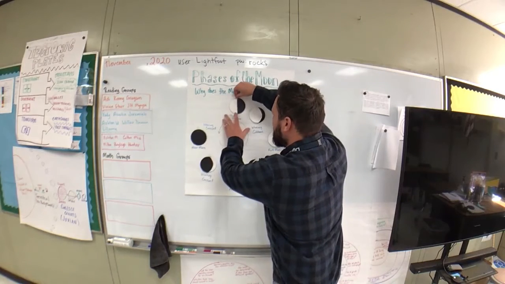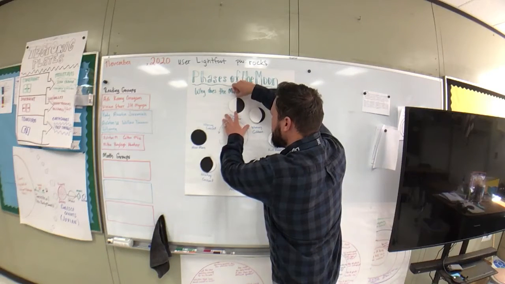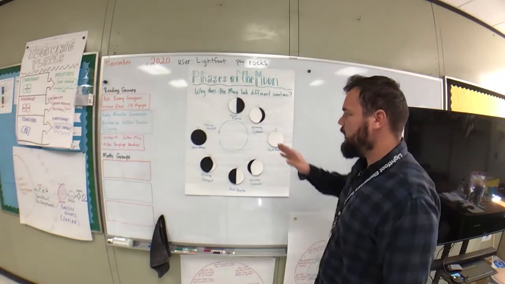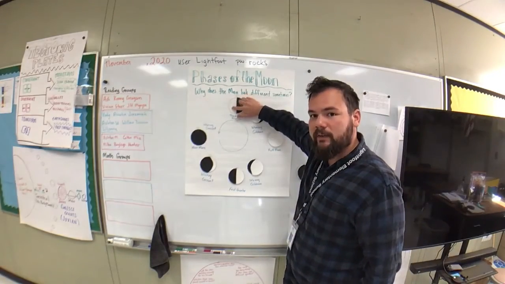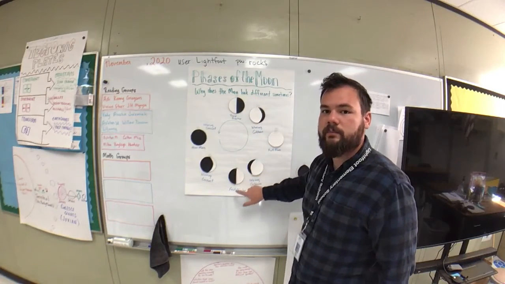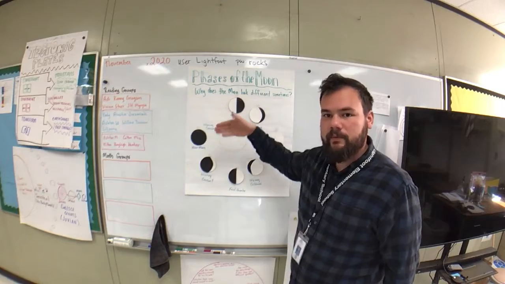Now as we move to our last quarter moon, sometimes referred to as the third quarter moon, again we see that the bright side has moved to the left side of the moon instead of the right side, because now it's going in the opposite direction.